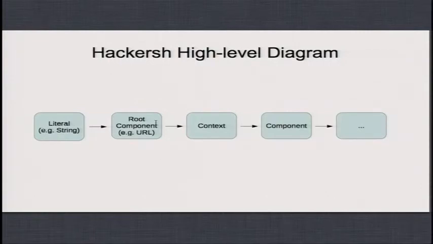Is it a URL? Is it an IPv4 address? Is it an IPv6? Is it a localhost? There's a library of different root components that allow you to customize the information based on what it actually is. The root component will generate the initial context, and from there it will simply go into all these different components.